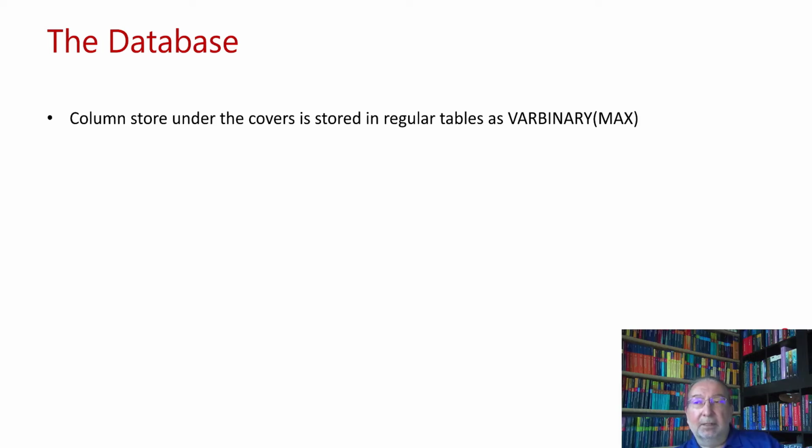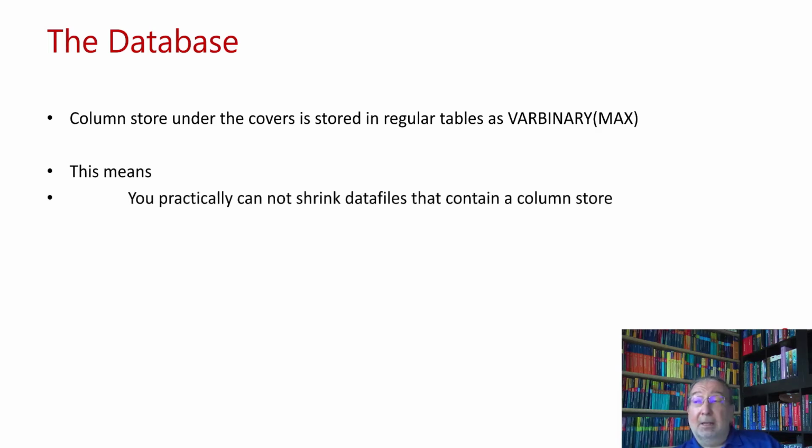And for the veterans in the room, we know the moment there's anything involved that has the word max in its variable definition, so varbinary, varchar, nvarchar, something like this, it always becomes a nightmare when it comes to database maintenance. Why? You practically cannot shrink data files that contain a column store or any other binary large object like varchar(max) or varbinary(max).